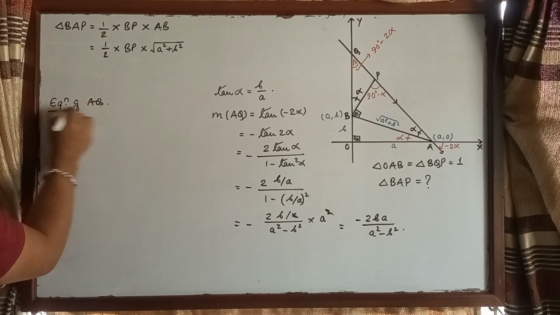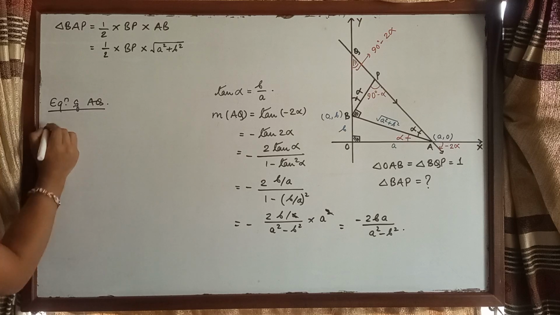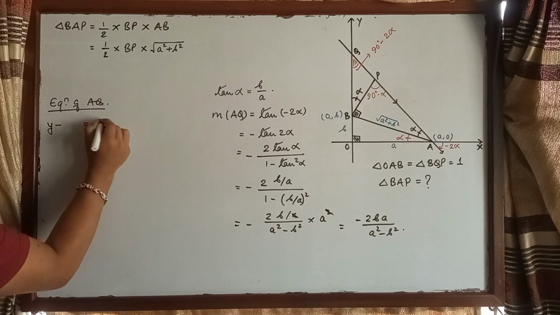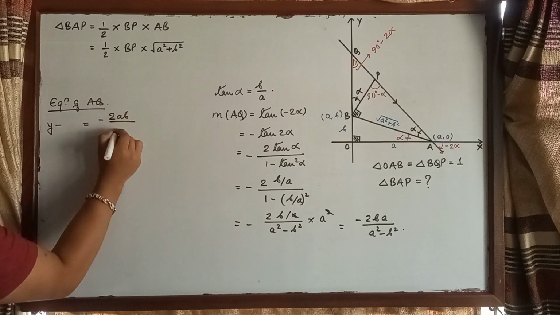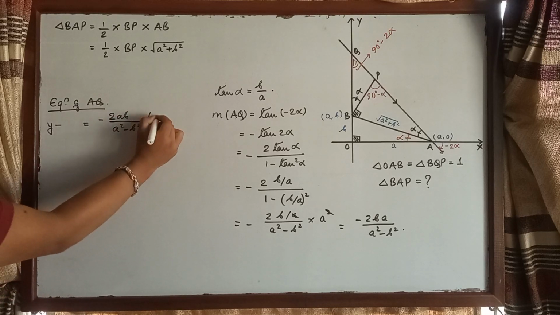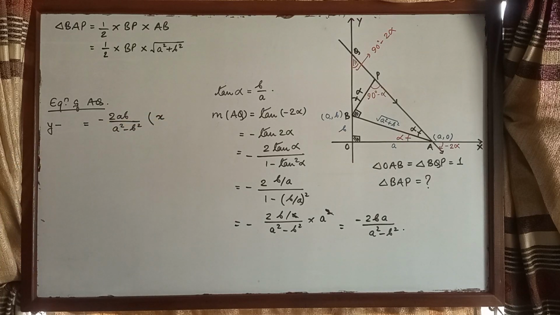What is the equation of AQ? The equation of AQ is y minus something, times the slope, which is minus twice ab over a squared minus b squared, times x minus something.